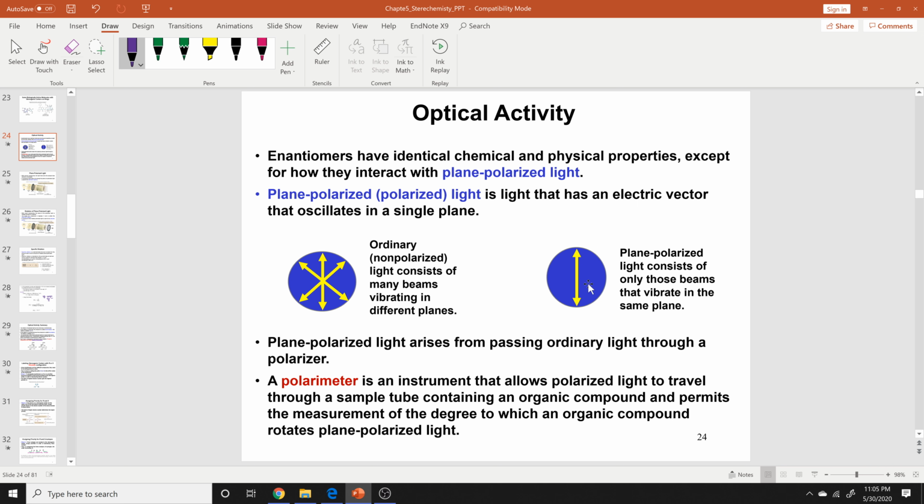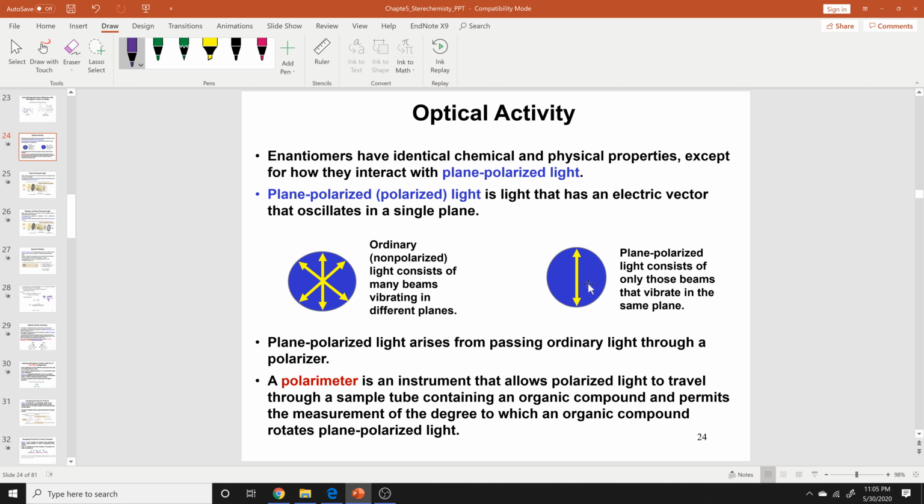Optically active means that the molecule is capable of rotating the plane of polarized light. How would you know? You have to do the actual experiment. Put your sample in the sample tube in a polarimeter, shine a plane of polarized light on it, and see if your plane of polarized light will be rotated by an angle which is alpha. If it is, then your molecule is called optically active.